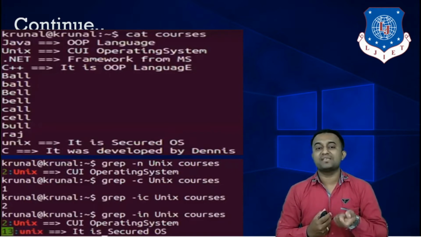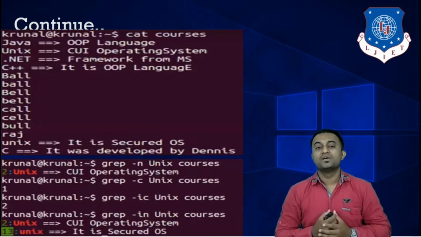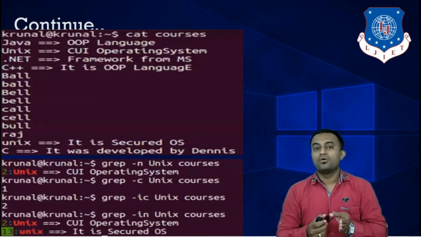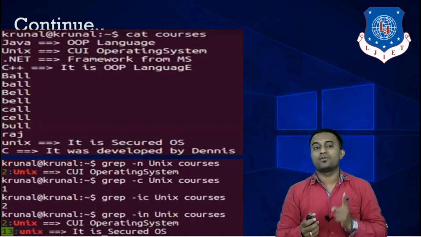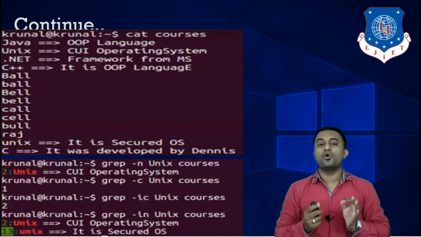So grep space -c Unix courses. It means it will match, in this case we are not using -i, so it will strictly match the Unix pattern. And how many rows do we have? Only one row. So one is the output.